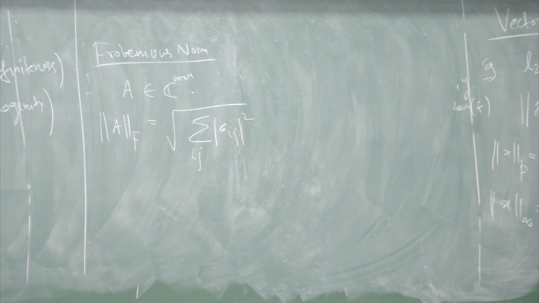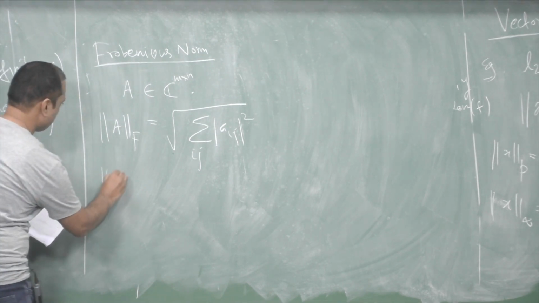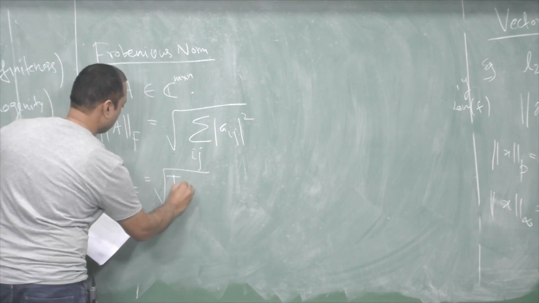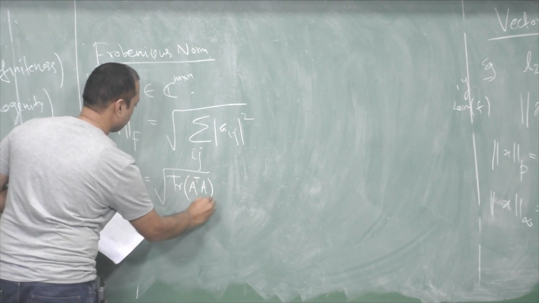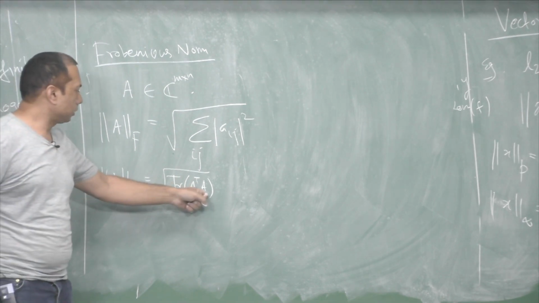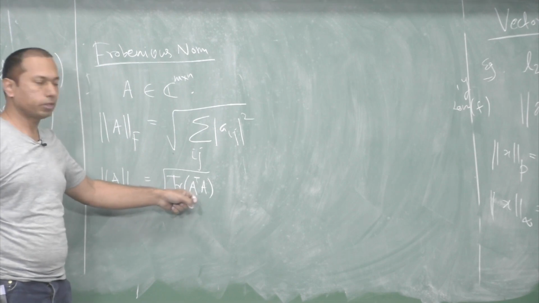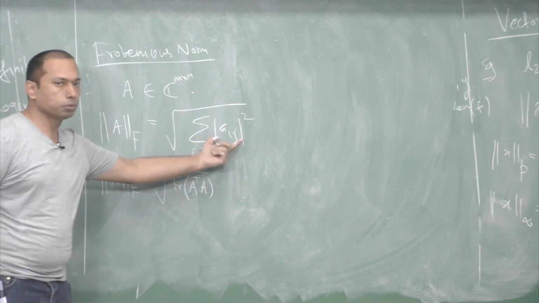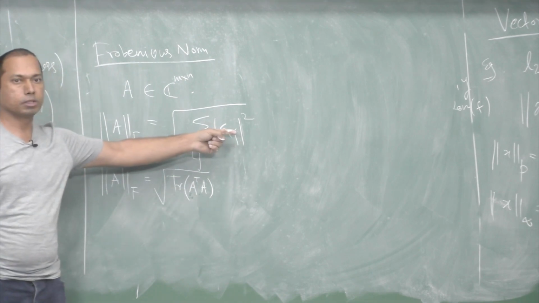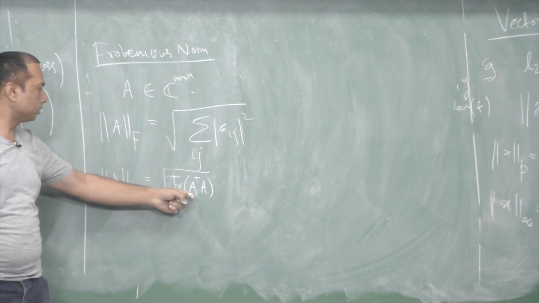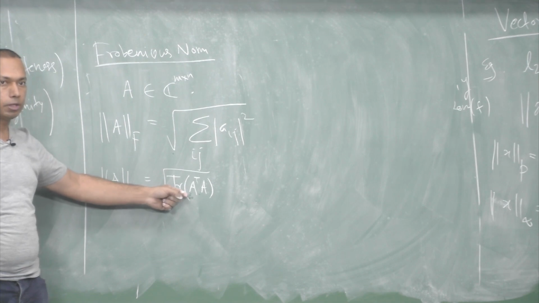So there is an interesting relationship of the Frobenius norm with the trace of a matrix. The Frobenius norm of the matrix A is the square root of the trace of A transpose A. If you see the trace of A transpose A, because trace is a sum of the diagonal entries, when you do A transpose A, all these entries Aij squared will show up only on the diagonal, and hence when you take the trace, it will be the sum of the diagonal entries.